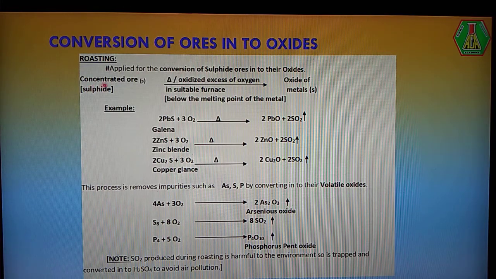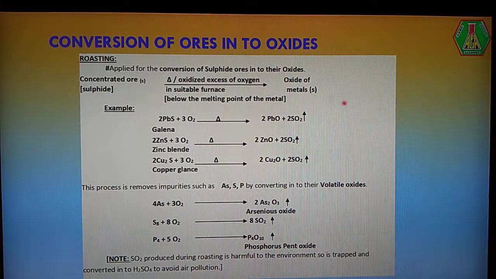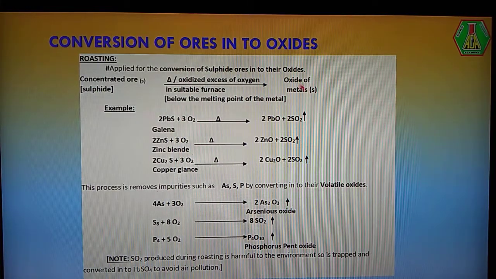Just see, we are taking the concentrated sulfide ore into a suitable furnace and heating it well. The process is done in the presence of oxygen. Here the main condition is maintaining the temperature below the melting point of the metal. So now the sulfide ore is converted into metal oxide.